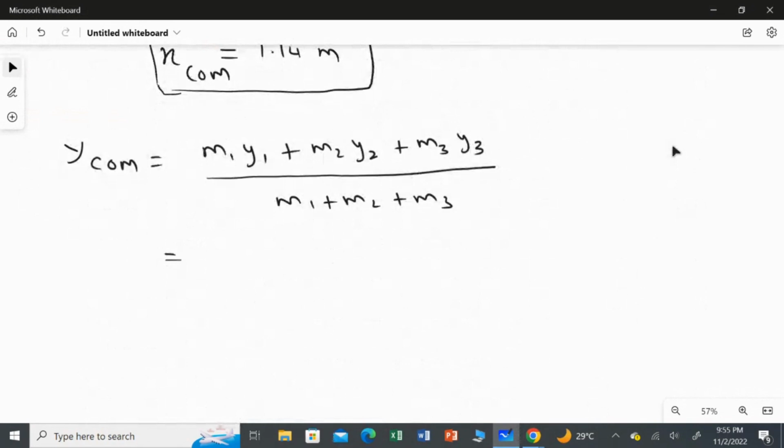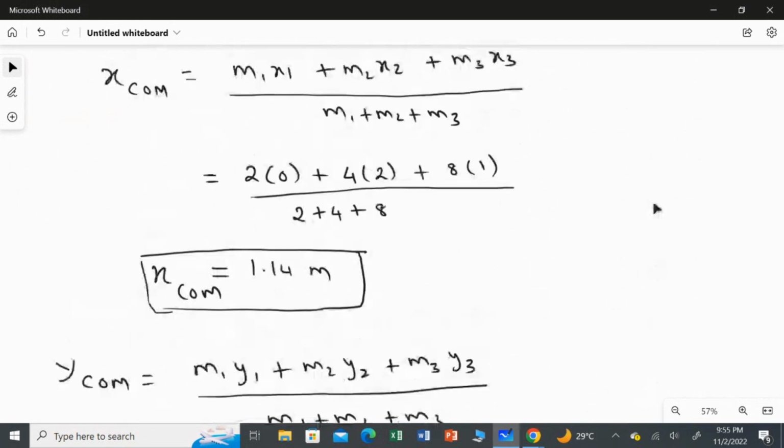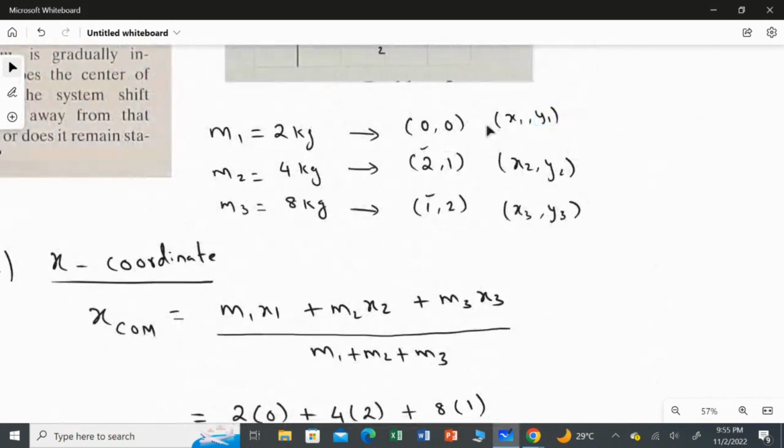So 2 plus 4 plus 8, divided by 2 plus 4 plus 8. But I have to identify what y1, y2 and y3 are. y1 is 0, y2 is 1 and y3 is 2.